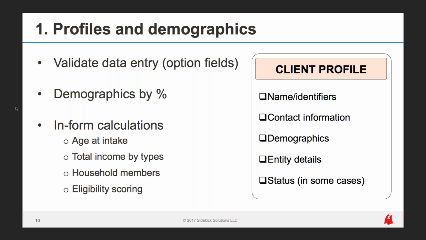So whether your clients are children, youth, adults, you call them participants, or you're engaging with volunteers or community partners or service providers, the profile form sets the foundation for Apricot. And generally, this is a tier 1 form.